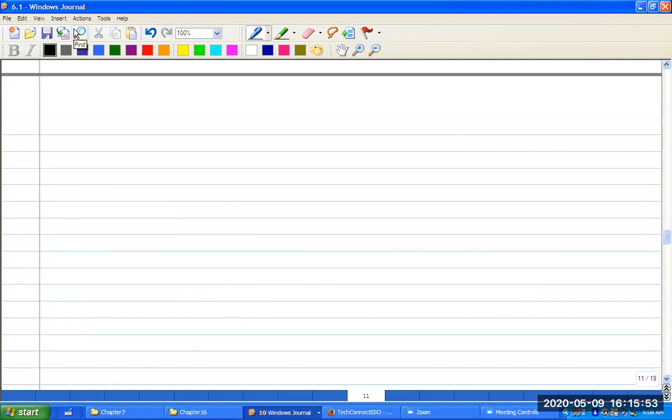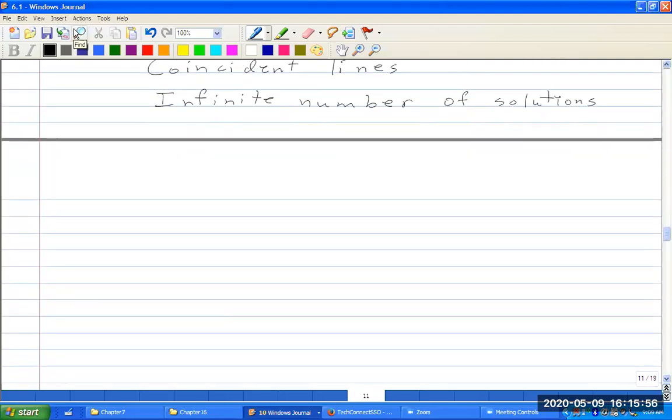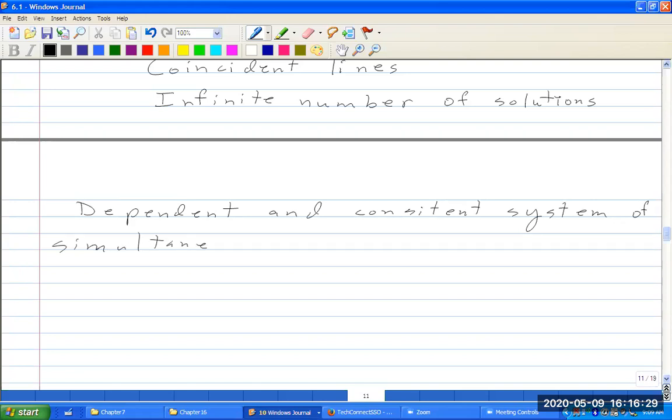And so this is a dependent and of course consistent system of simultaneous linear equations.